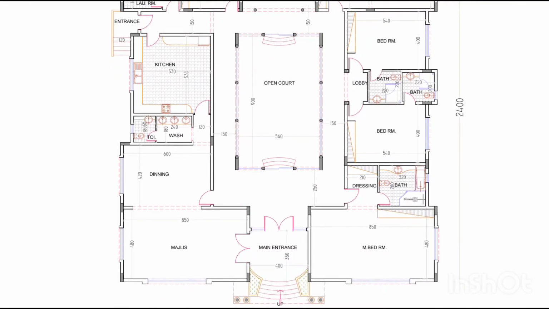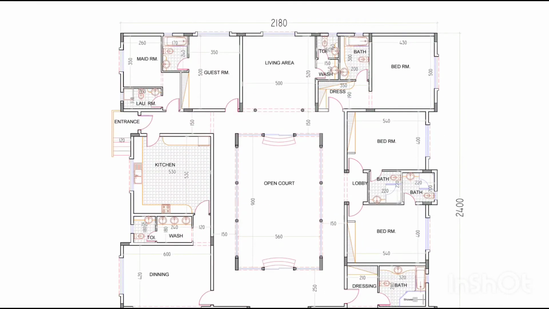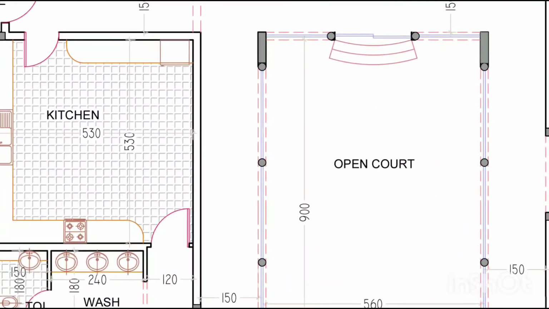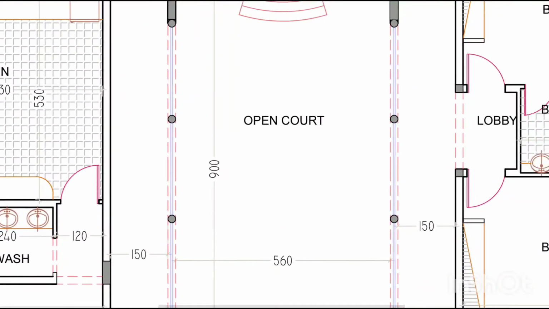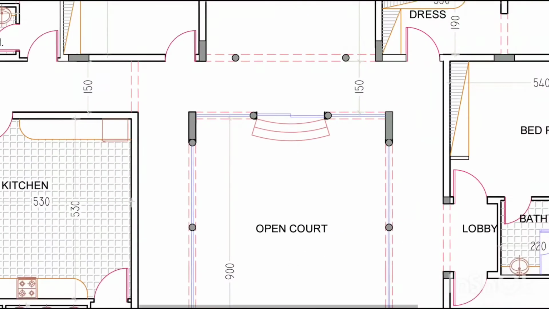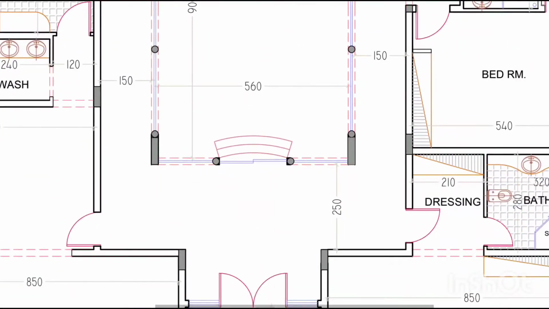The main thing in this floor plan is that we have very wide space and it is very luxurious. The total size you can see here, 2180 by 24. So the plan is something like this, and it has an open courtyard, with 150 space given on both sides here and here also.